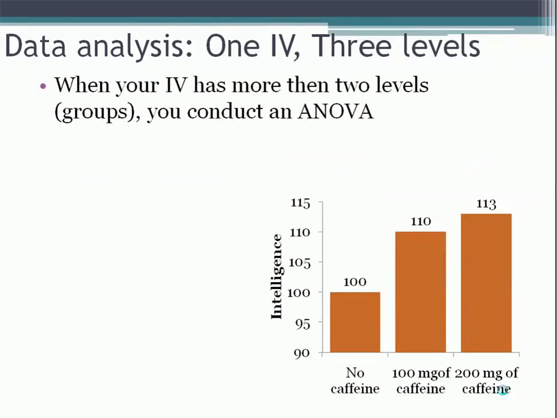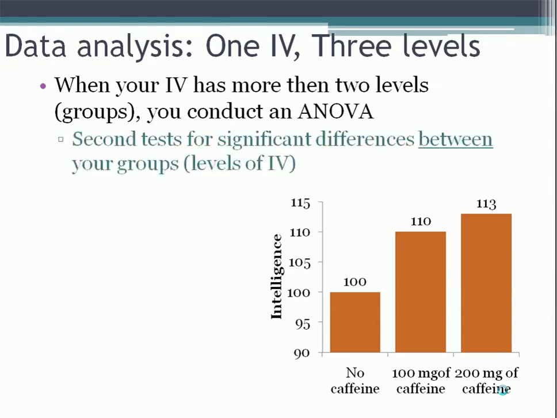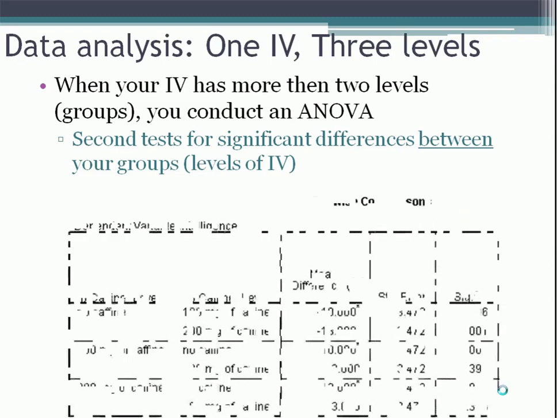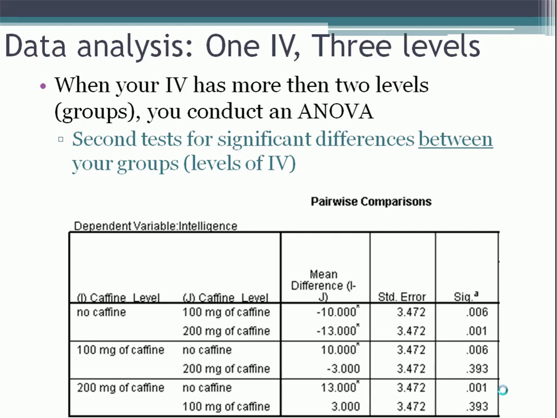So once you've determined that there is at least one significant difference between your groups, then you have to do additional tests to test for significant differences between the levels of these different groups. We talk about these as pairwise comparisons. So here we're going to compare the no caffeine group to the 100 milligram group.